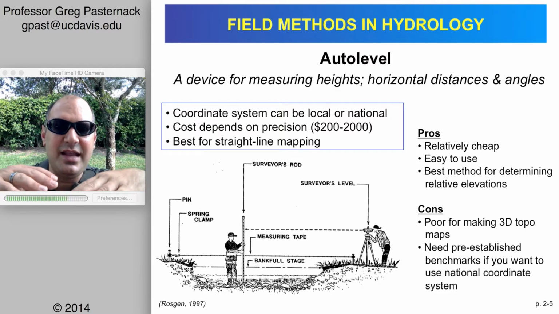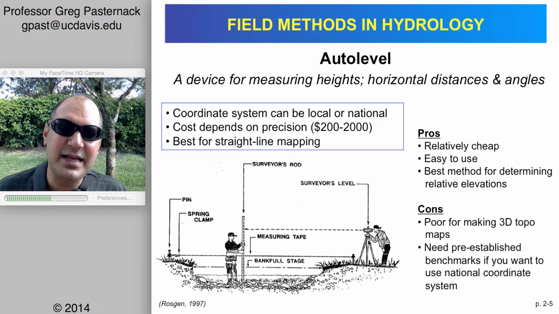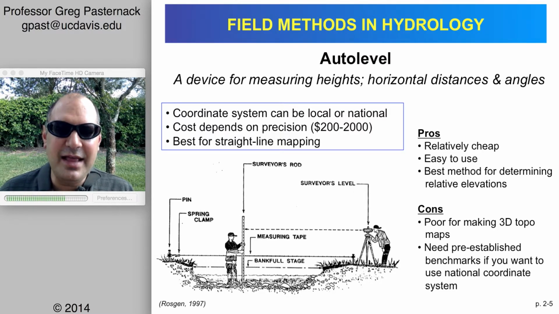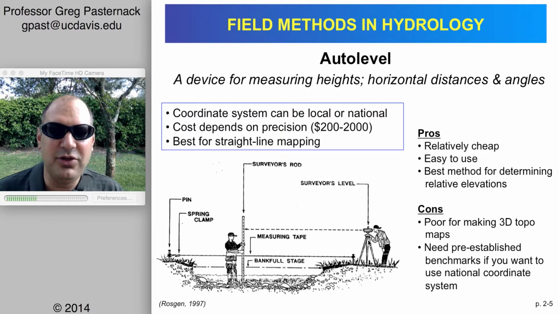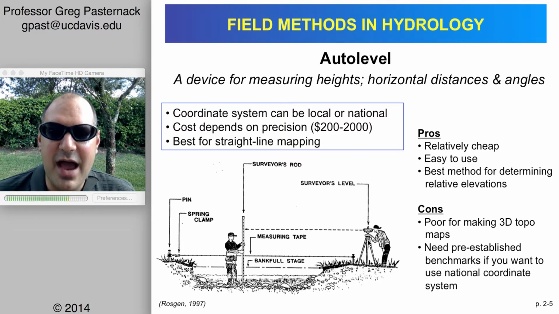That lets you get it completely horizontal, and you'll get practice with this, so if it doesn't make sense, don't worry too much about that right now. So you get the tripod horizontal, so it's flat, and then you put the auto level instrument itself on that. And so now you can measure distances and angles on that horizontal 2D plane.